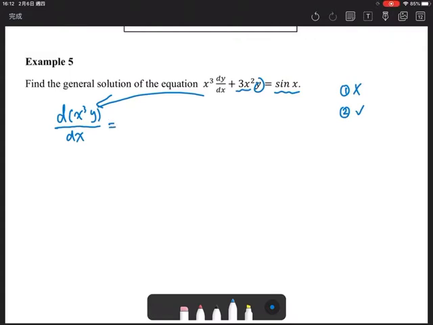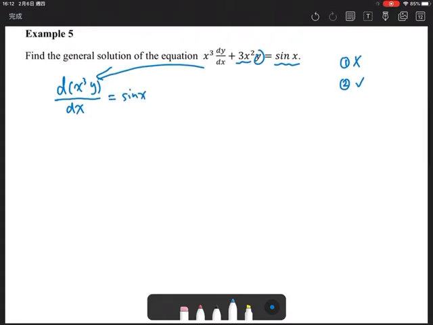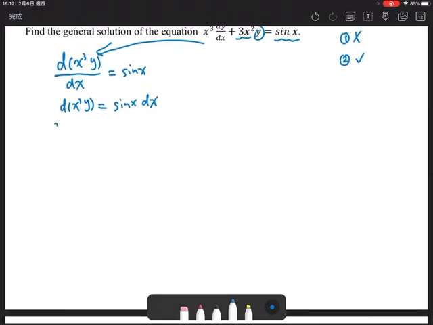The right hand side is sine x only, and then we multiply dx on both sides, so it will be sine x times dx. After that we integrate directly.